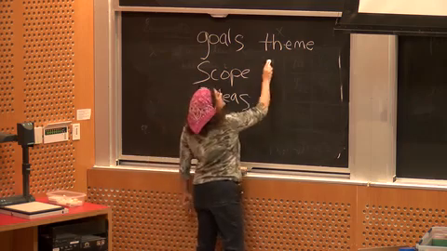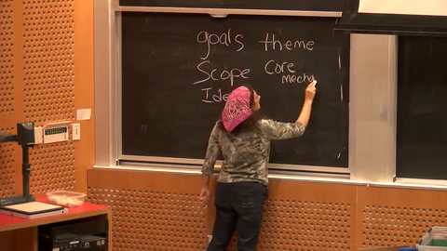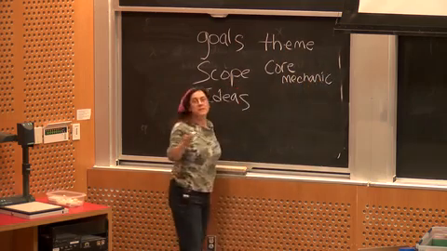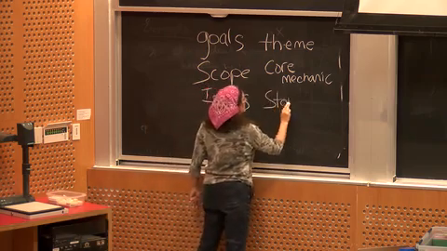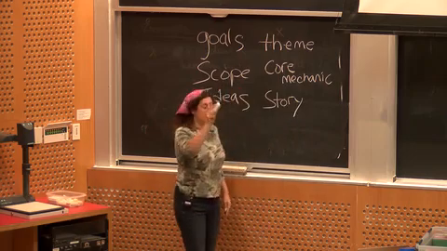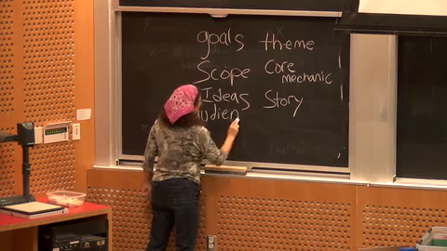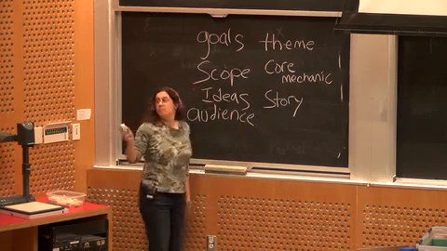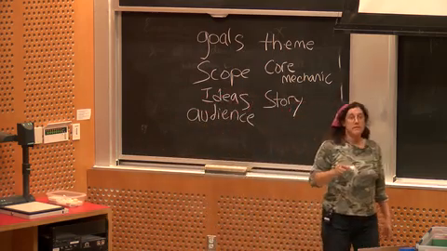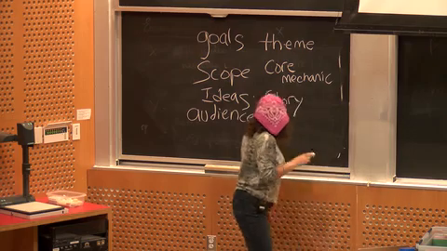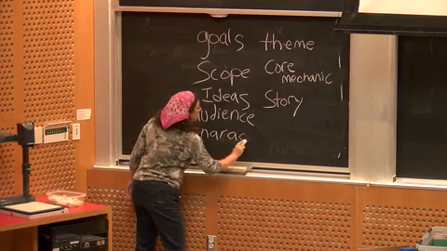Yeah. Anything else? Story, if there is one. The audience. Anything else you think you really need? Game characters. Characters? Okay. I think this is actually a pretty darn good list.